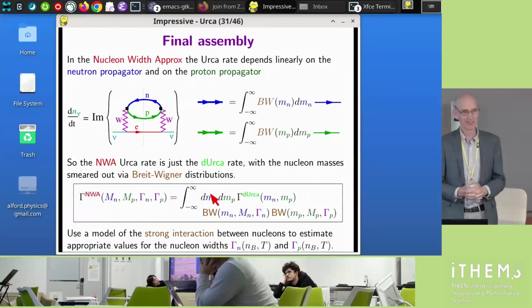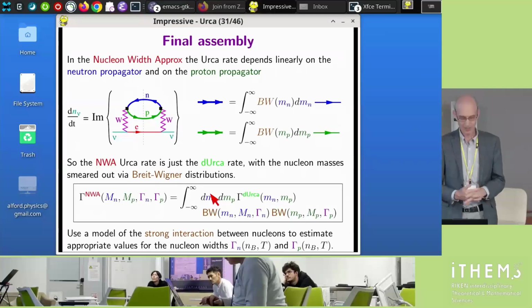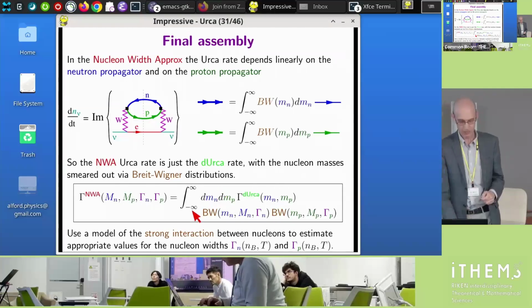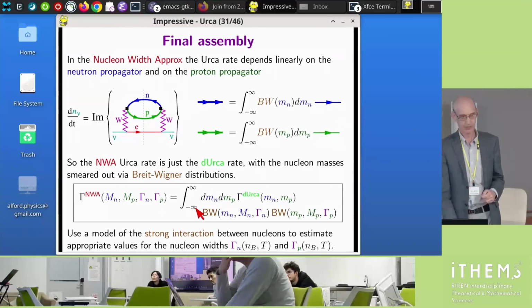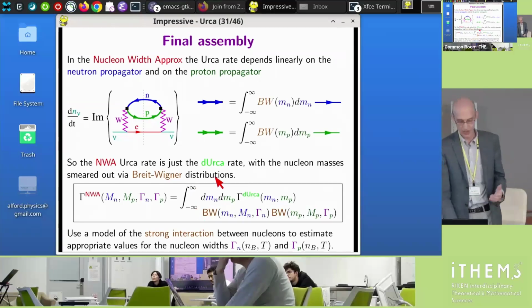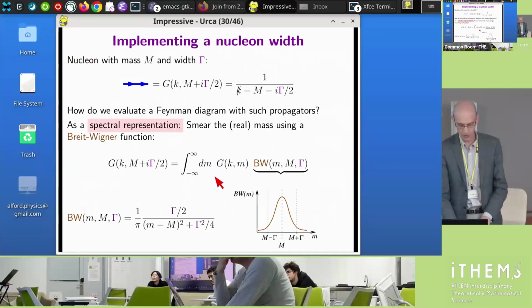This integrated small m ranges from minus infinity to infinity. So why can it become negative? Well, that is just what you have to do for this identification to hold.